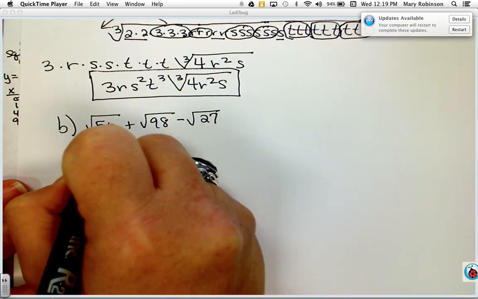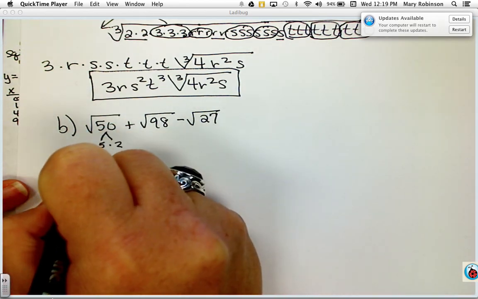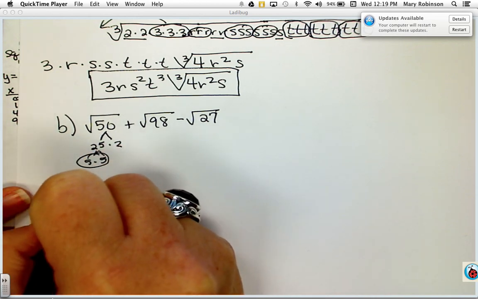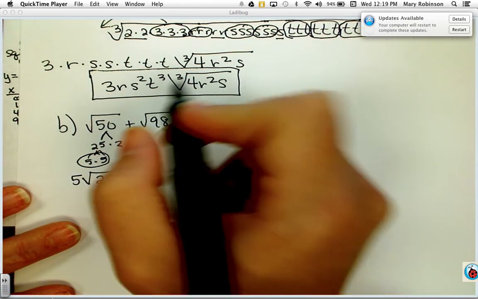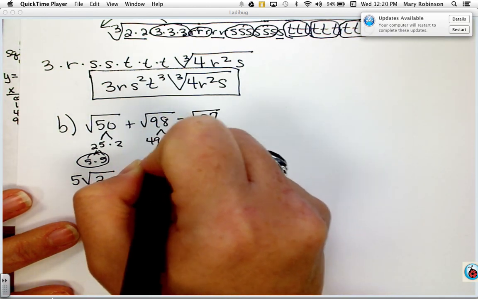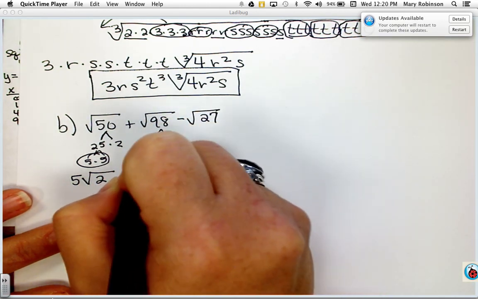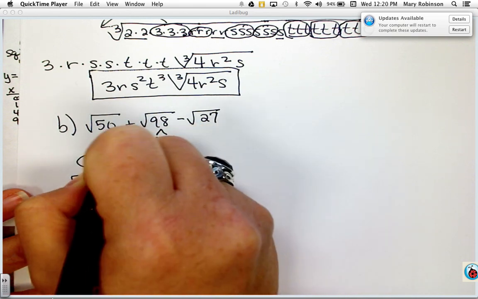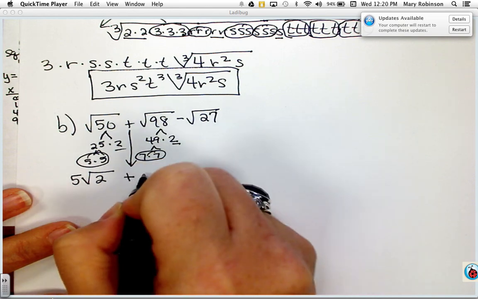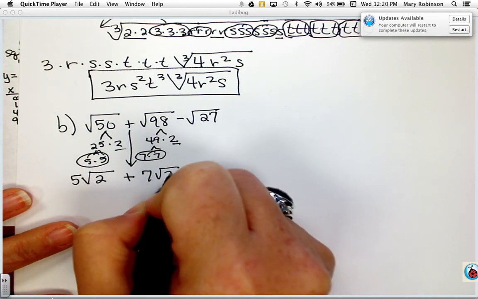So 50 is 25 times 2, which is 5 times 5. Because we have a group of 5s, that comes out leaving 5 square roots of 2. For 98, that is 49 times 2. 49 breaks down to 7 and 7, forming a group. I bring down my plus sign, and 7 comes out with 2 remaining on the inside.